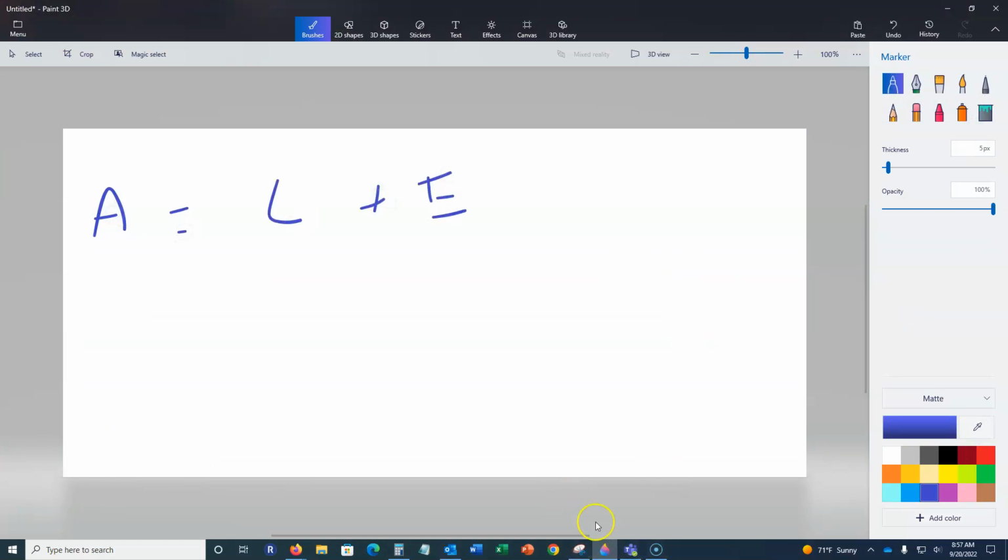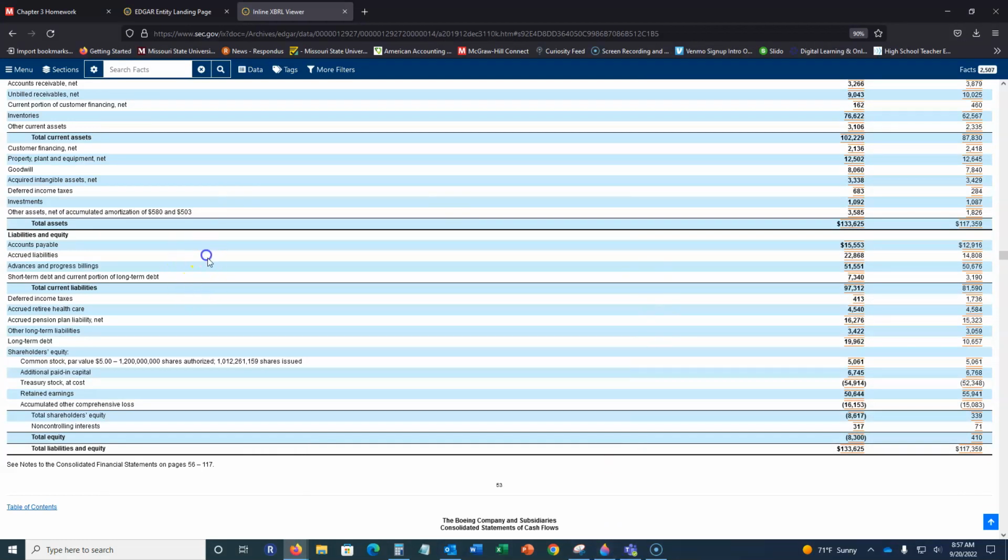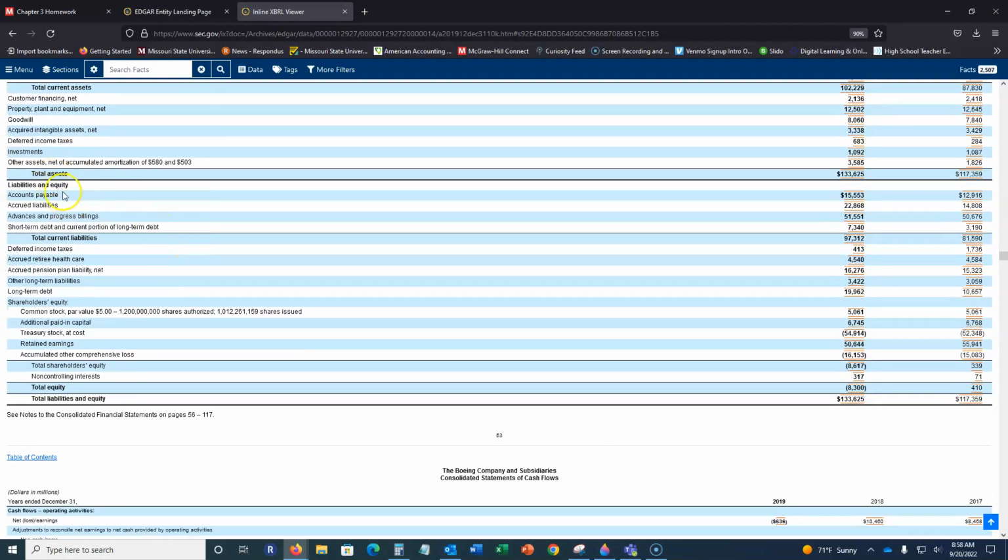We can look, we got total current liabilities, but that's not total liabilities, that's just current. So we could add all these numbers right here up, from this line right here through here, and that would be your total liabilities.